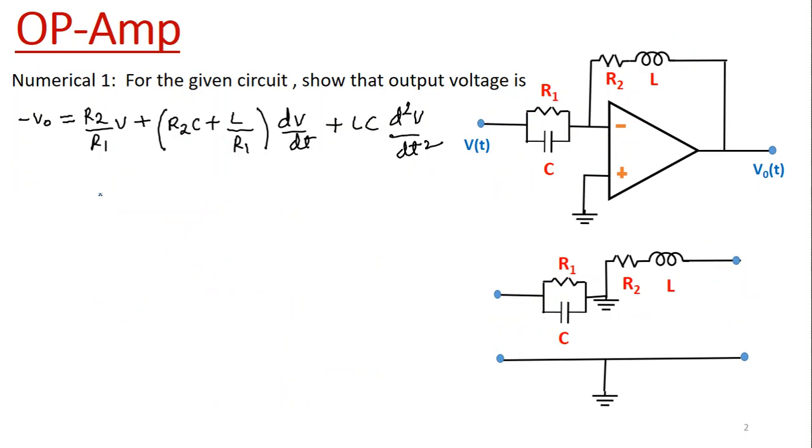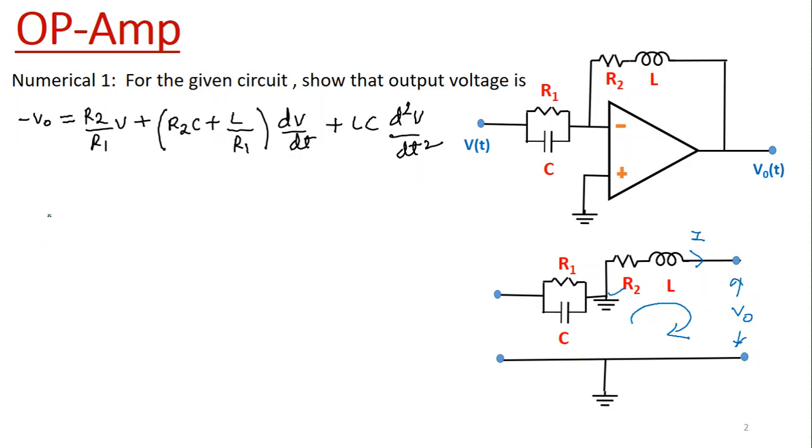Now we have to find the equation by KVL for the output side. The current flowing in this branch is I and this is the output voltage V0. Since the current is flowing in this direction, we apply the KVL in this direction, starting from this ground node, which is virtually grounded.